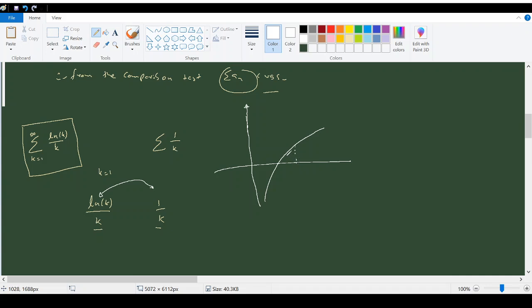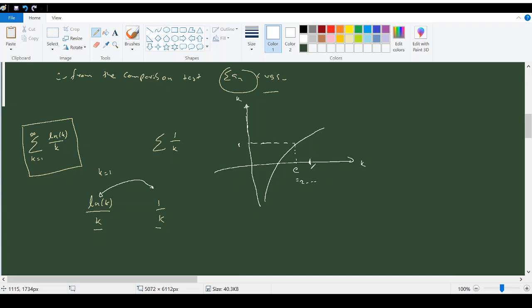We saw that at e, the ln function value, now here since it is mentioned in k, I will indicate it with k. At e, the value is 1, and e is equal to 2 point something.